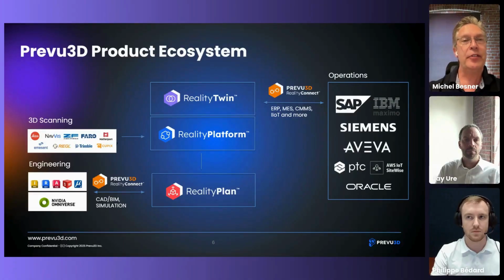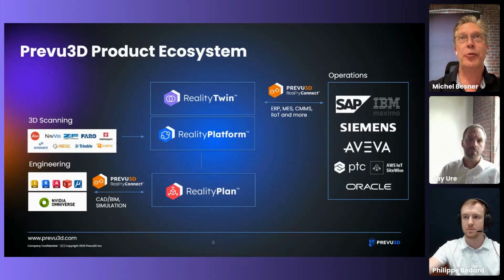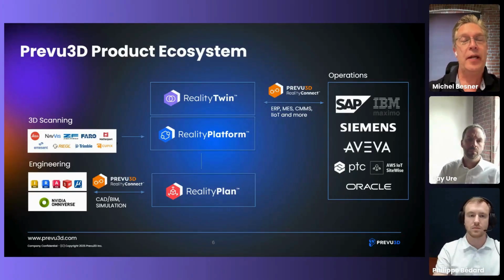So taking in different sources of data from different vendors, from different equipment, and managing your sites, managing your environments into a single platform that is very easy to access. There's actually no cost on users on the platform. So you can invite as many people. You can have tens of thousands of employees on the platform to access your scanning data and your different sites. And that's really a key element.